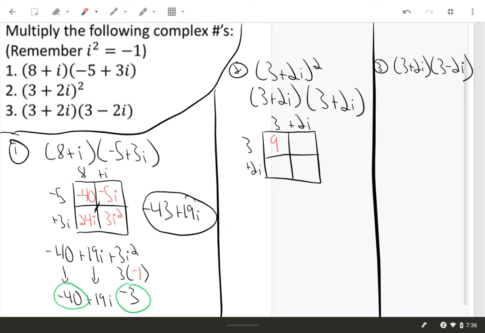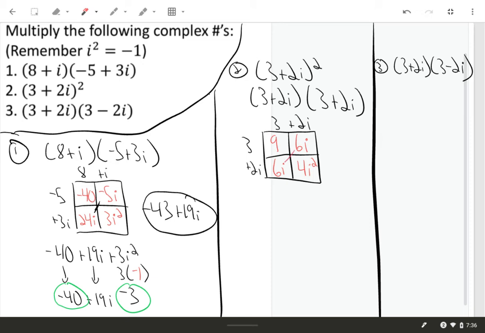Okay, 3 times 2i is 6i. This next one's going to be 2i times 3, which will once again be 6i. And 2i times 2i is going to be 4i squared.